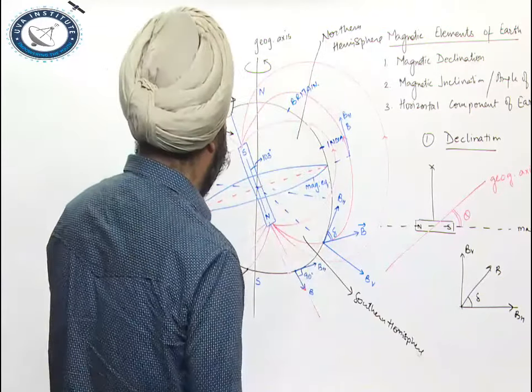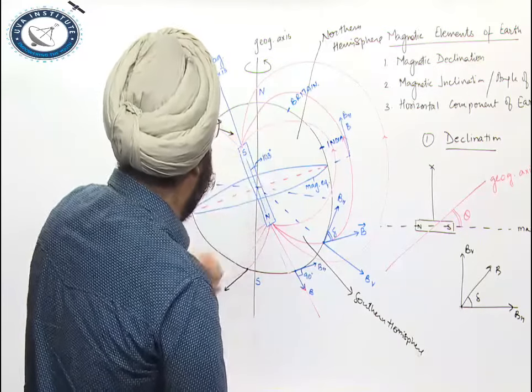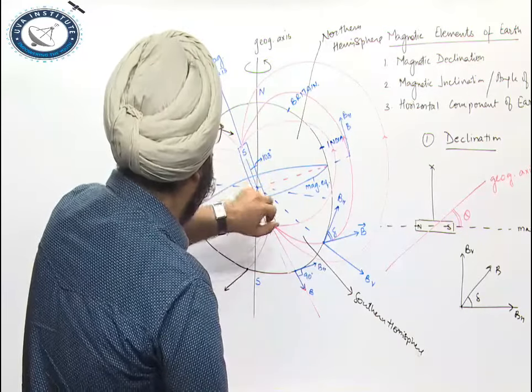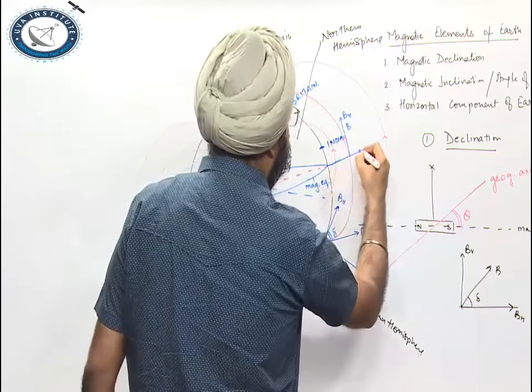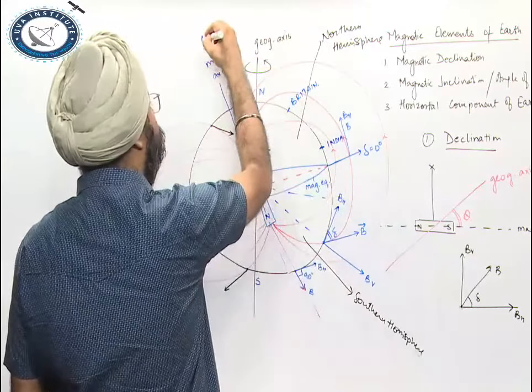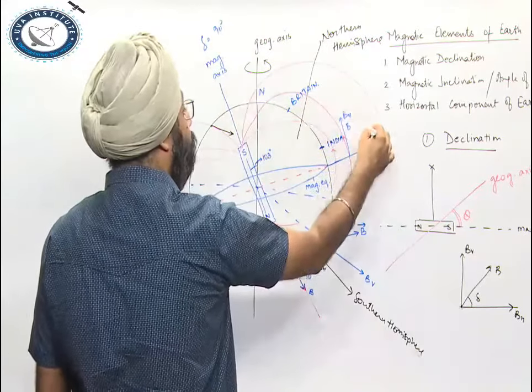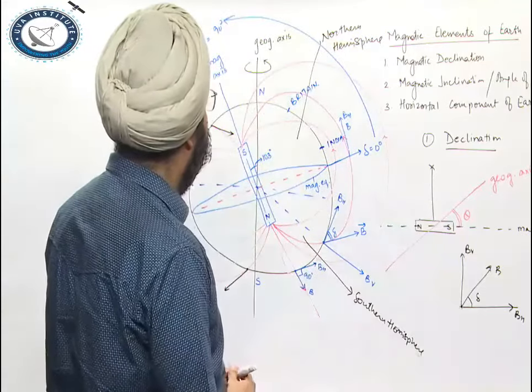Britain is somewhere near the poles, somewhere here. So in case of Britain, in case of London, we are moving upward. At the equator the dip angle is 0 degrees, at the pole the dip angle is 90 degrees. The dip angle changes from 0 to 90 as we move from the equator to the pole.